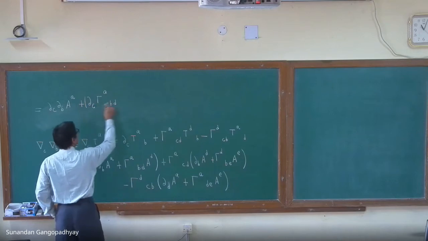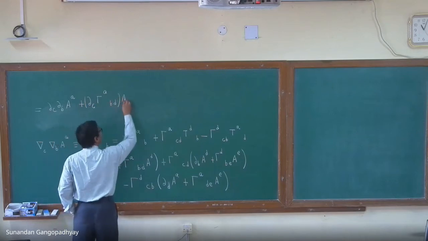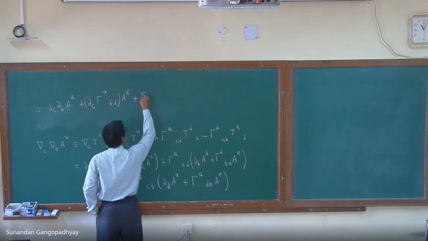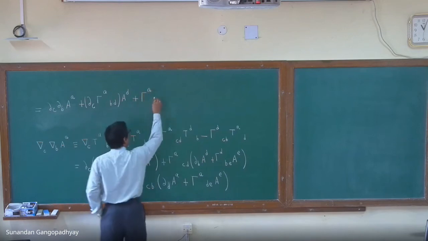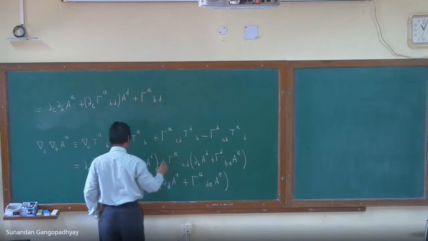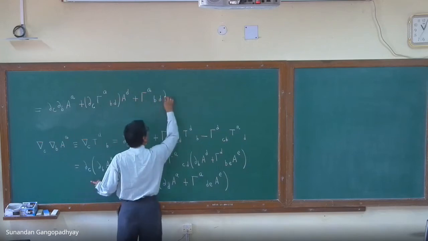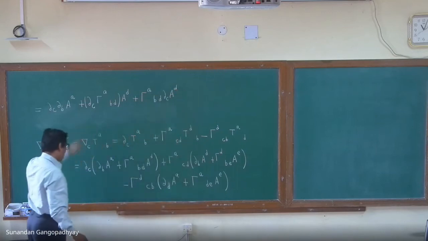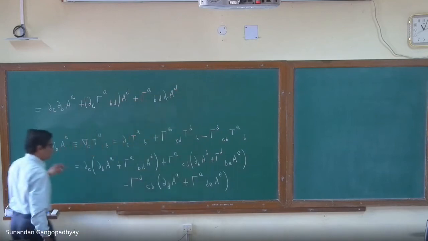This multiplied by AB plus gamma A BB del C AD. We have two terms from here because we will add from two terms.